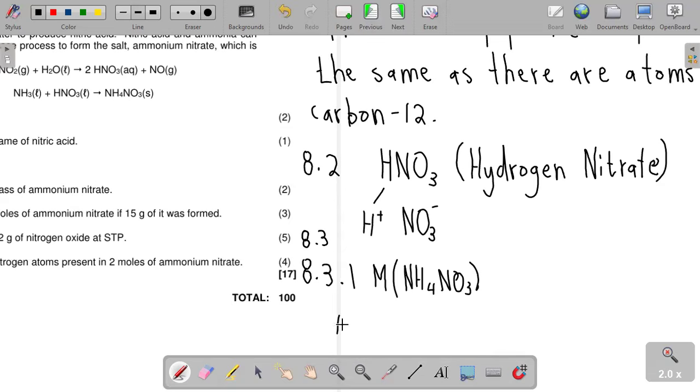So then we're going to have 14 plus, and there are 4 hydrogen atoms, so it's going to be 1 multiplied by 4, then plus 14, then plus 3 multiplied by 16. We add, so you use a calculator here. It's going to give you 80 grams per mole.